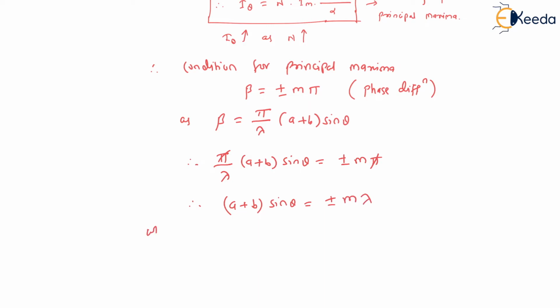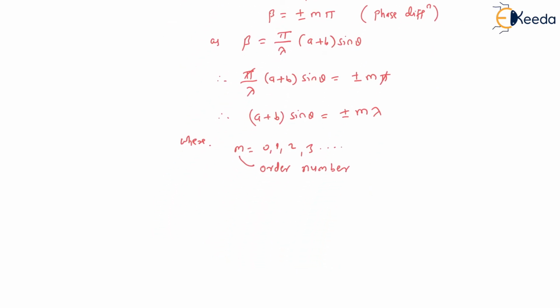Here the value of m will be equal to either 0, 1, 2, 3, and so on. Always remember, this small m is called the order number.